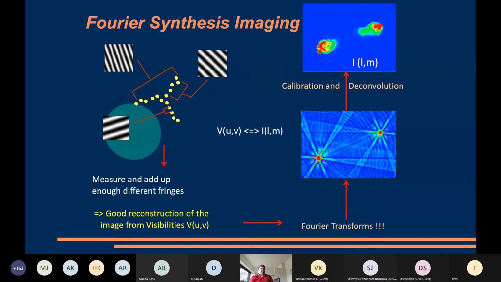Now we will come to how we get rid of this towards the end, in the second half of this talk. So far, let's at least be inspired that there's a way to get out of this resolution problem by going to interferometry from a single dish or single detector.